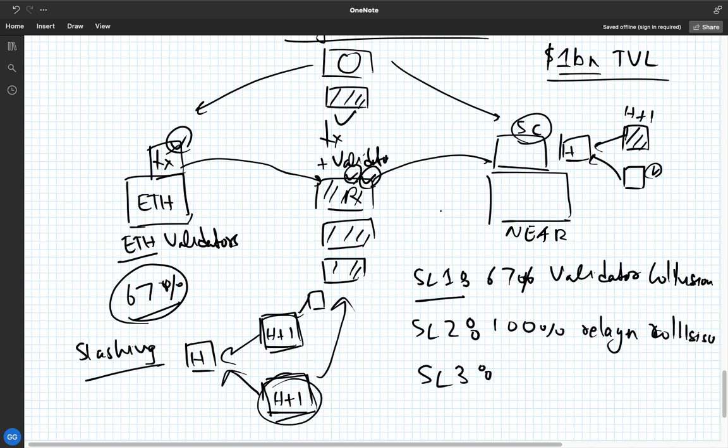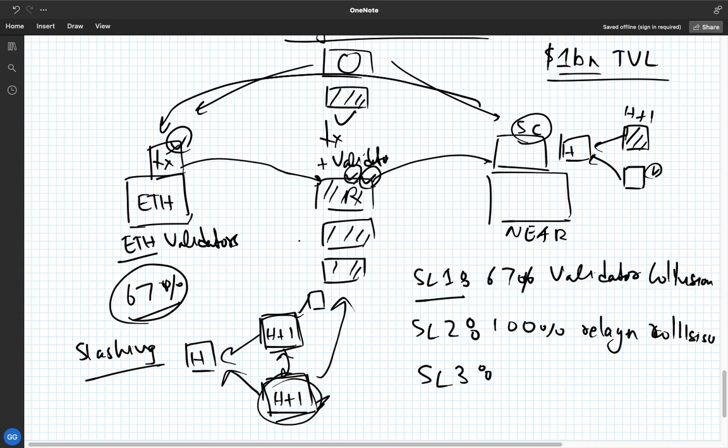But in order to do this, the validators have essentially signed off on two different blocks at the same height, and since this doubly signed block has been submitted to the Ethereum smart contract, an honest relayer can pick up this doubly signed block and submit it back on the Ethereum mainnet. This tells the mainnet that these validators have done double signing, and they will get slashed on the Ethereum mainnet.